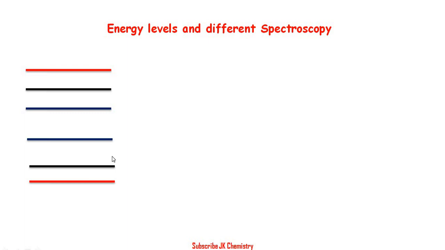So electronic energy levels have a larger energy gap like this. That means we have different kinds of electromagnetic radiation. So one of the electromagnetic radiations, that is UV radiation or visible radiation, has energy equal to this energy gap. That means when UV radiation is incident on a matter, what will happen?